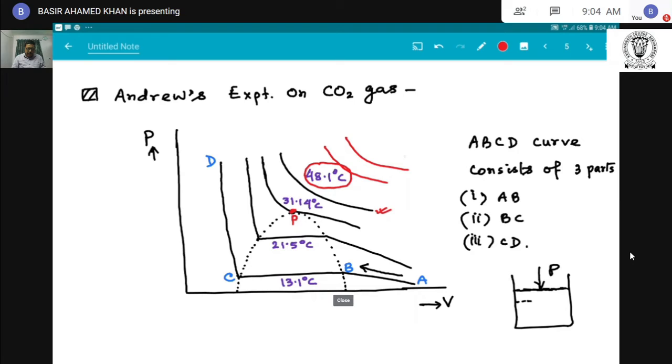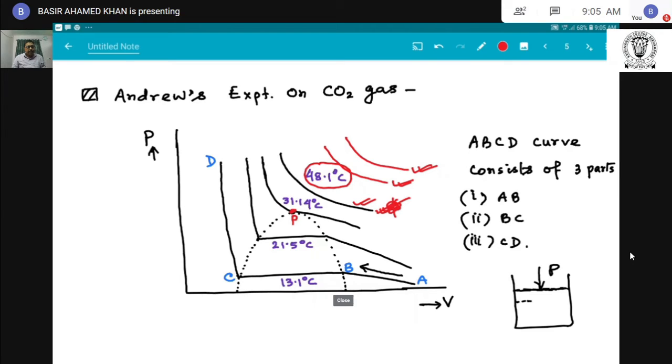If we increase the pressure for these curves, no liquefaction occurs. Volume decreases and it behaves like gas and no liquid is formed.